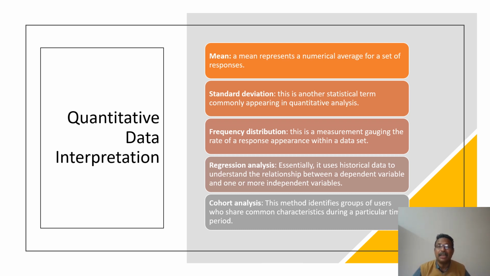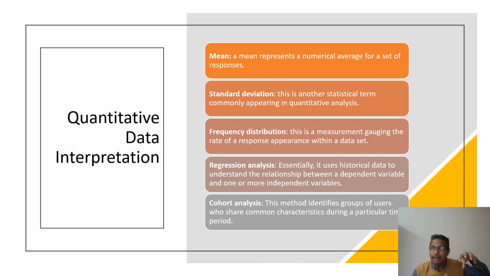There is regression analysis. Essentially, it uses historical data to understand a relationship between the dependent variable and one or more independent variables. Cohort analysis. This method identifies a group of users who share a common characteristic during a particular time period, and that is what cohort analysis is.